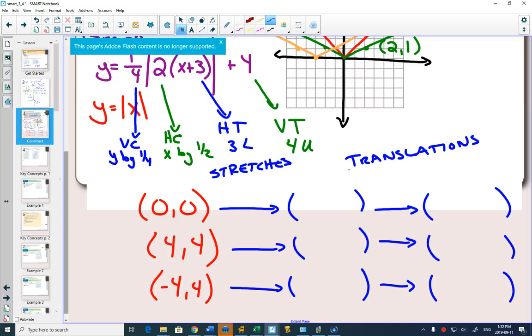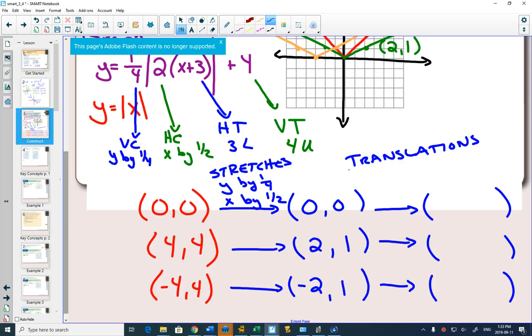So then above this first set of arrows, you look, well, what were my stretches and compressions? I had to multiply y by 1/4 and x by 1/2. So I'll write that just above here so I remember what I need to do. If I multiplied y by 1/4 and x by 1/2, I would get 0, 0, 2, 1, and -2, 1.